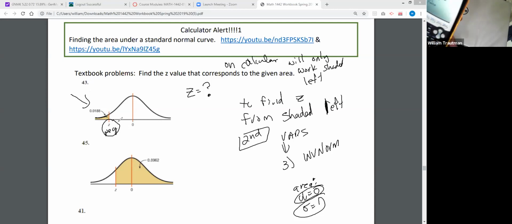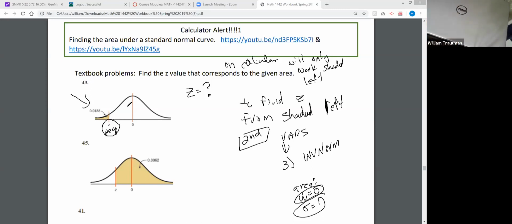So on my calculator, when I do second vars, the area is 0.0188. I'm typing that area, 0.0188, hit enter, enter, enter, enter, enter one more time, and it gives you the z value.